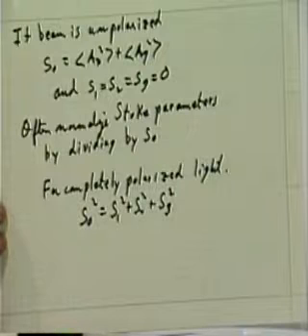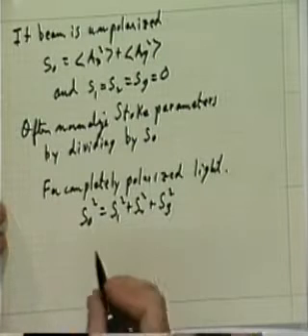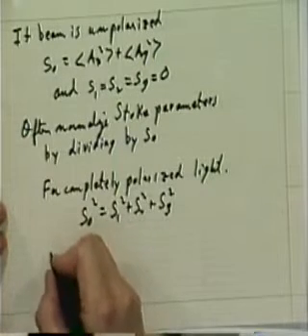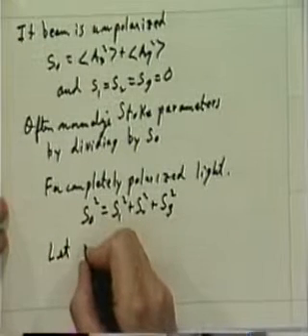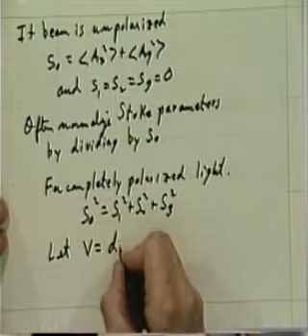And we often define something called the degree of polarization. So we'll say V is equal to the degree of polarization.